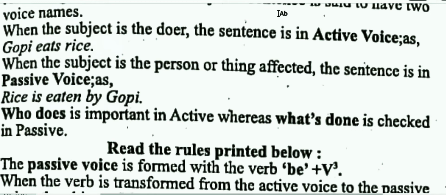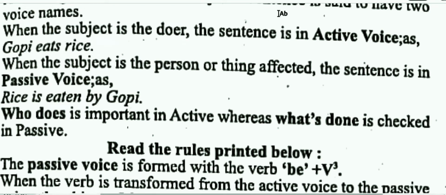But in the next sentence, the passive voice, as you see, the subject is rice. Though rice is the subject, it cannot leave any effect on other things. Rice, though the subject in this sentence, is affected by the object. Rice is eaten by Gopi.